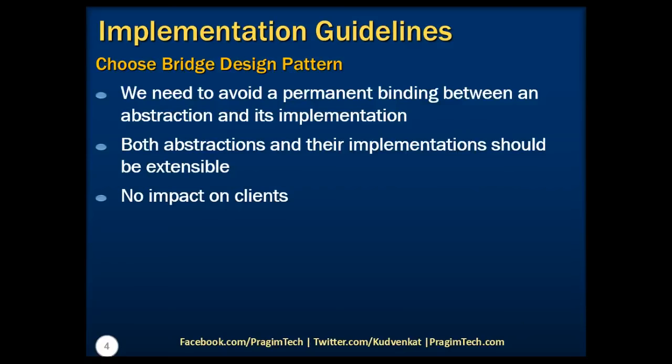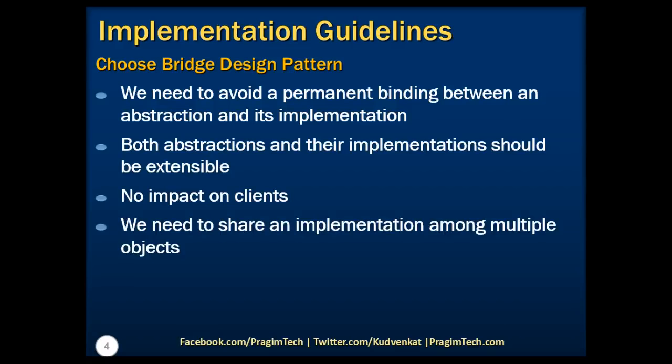We also choose this pattern when we want to share an implementation among multiple objects, and last but not the least, when we want to hide the implementation of an abstraction completely from clients.